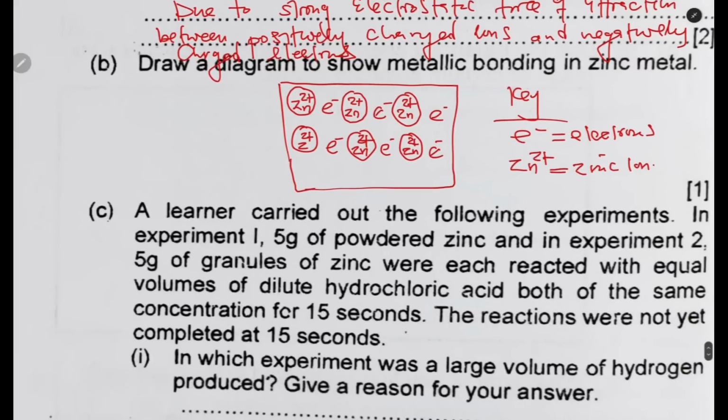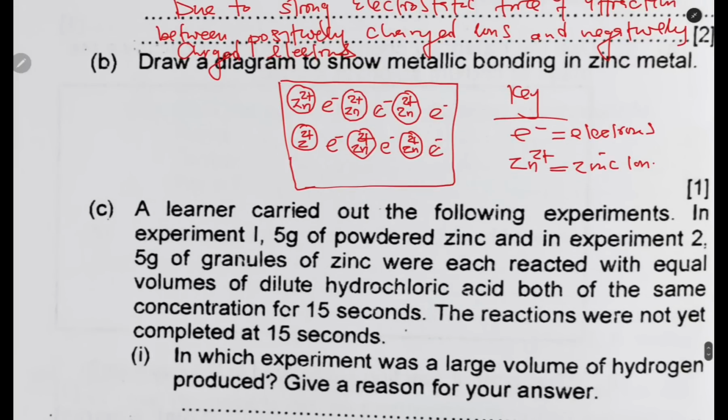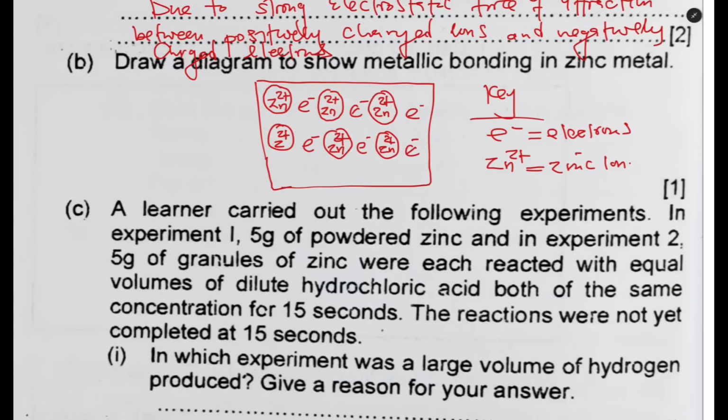Okay. Question C, Elena carried out the following experiment. In experiment 1, 5 grams of powdered zinc, and in experiment 2, 5 grams of granules of zinc were each reacted with an equal volume of dilute hydrochloric acid with the same concentration for 15 seconds.